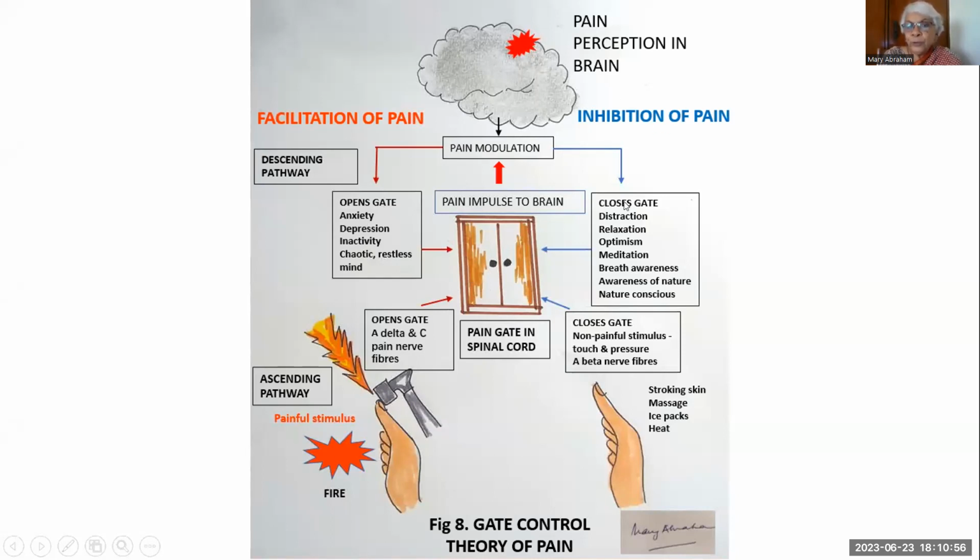But when you want to inhibit the pain by stroking, massage, TENS and all this, it actually stimulates the A beta fibers and it closes the gate. Similarly, activities like distraction, relaxation, meditation, yoga, all that also helps close the gate.